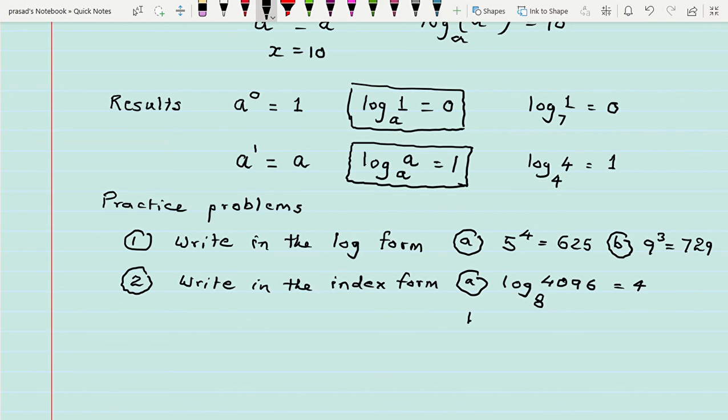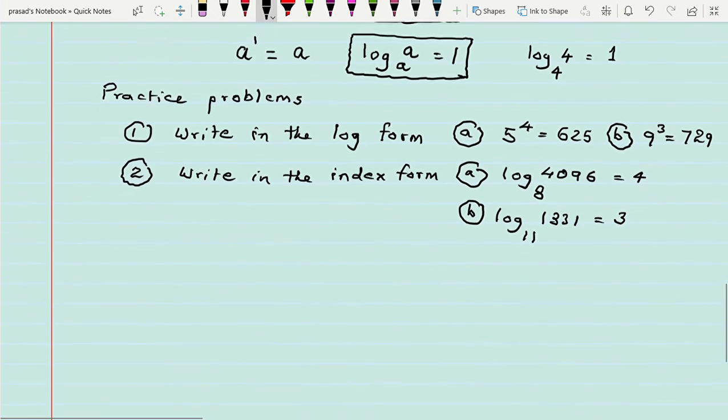And part B, log 1331 to base 11 is equal to 3. So these two things you have to write them in index form.